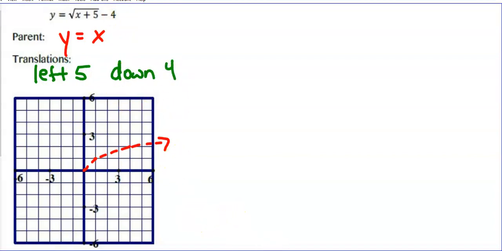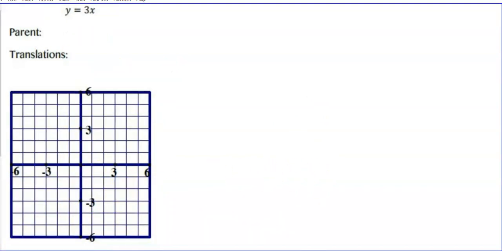There's no reflection, so we go from the original point left 5, down 4. We do that from each of the points. It looks exactly the same, it's just been moved left and down.